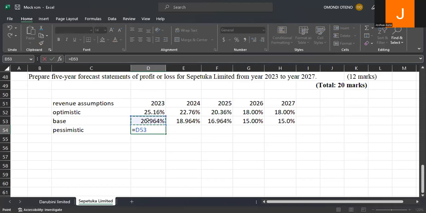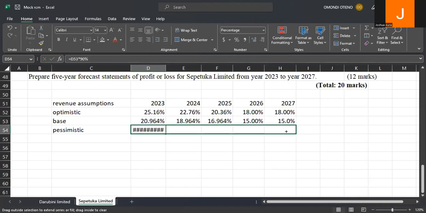Will be 90% of the base, yes. Because it is 10% below, yes. Great. And then you enter there, and then you'll be able to do the other side.